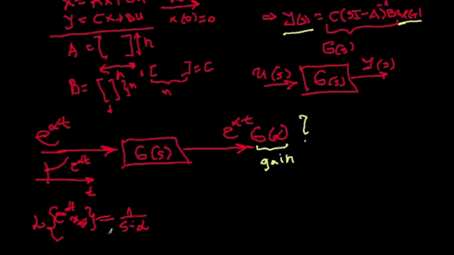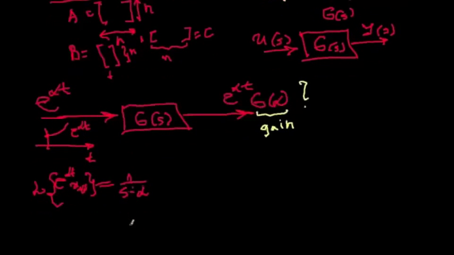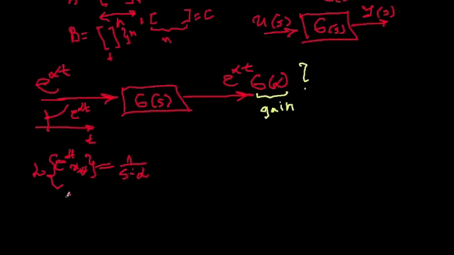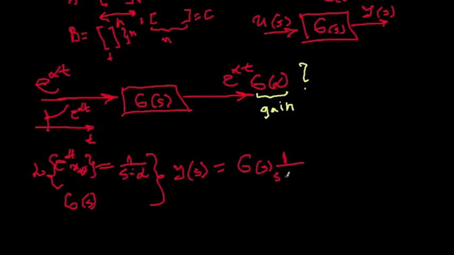Such that when we combine G(s) as a transfer function with the input, we get that the output of the system is nothing but G(s) times 1 over s minus alpha.